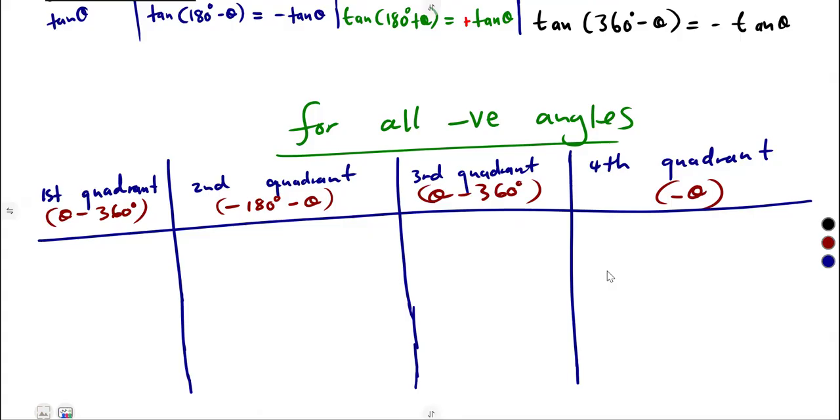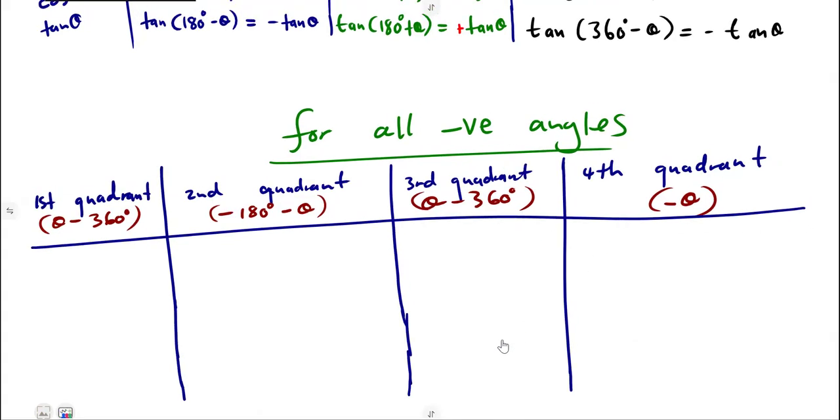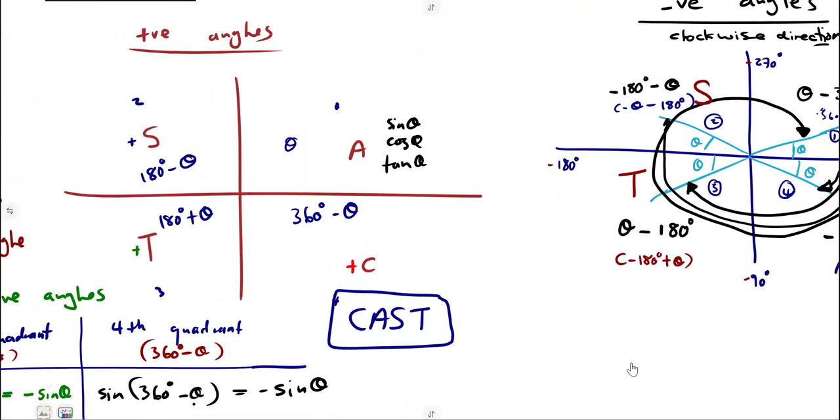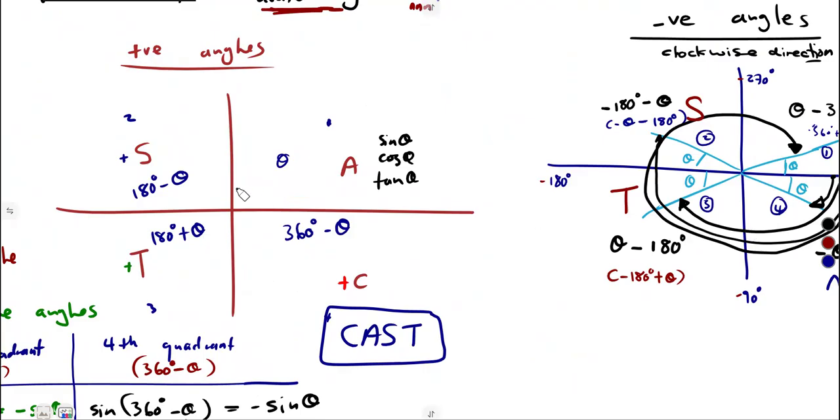In which quadrant does it lie? If they lie in the second quadrant, whether it's a positive or a negative angle, as long as they are found in the second quadrant, same properties.